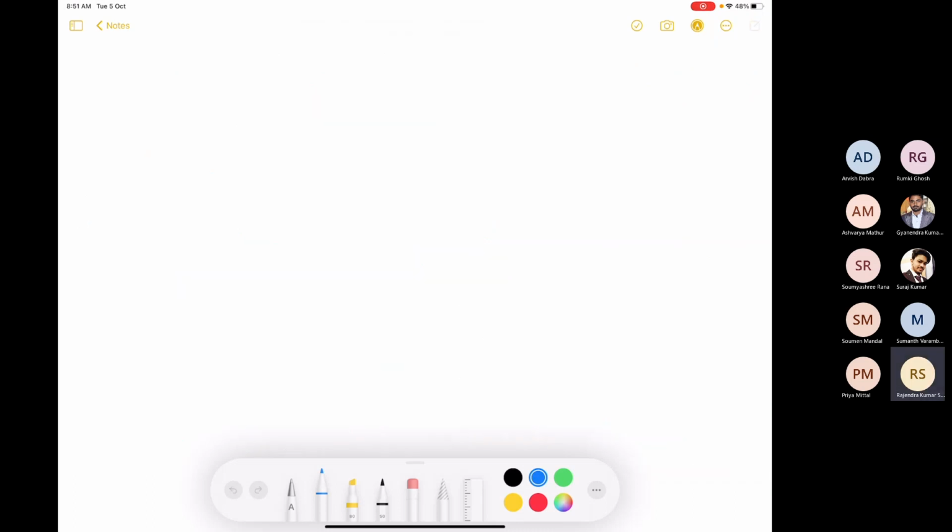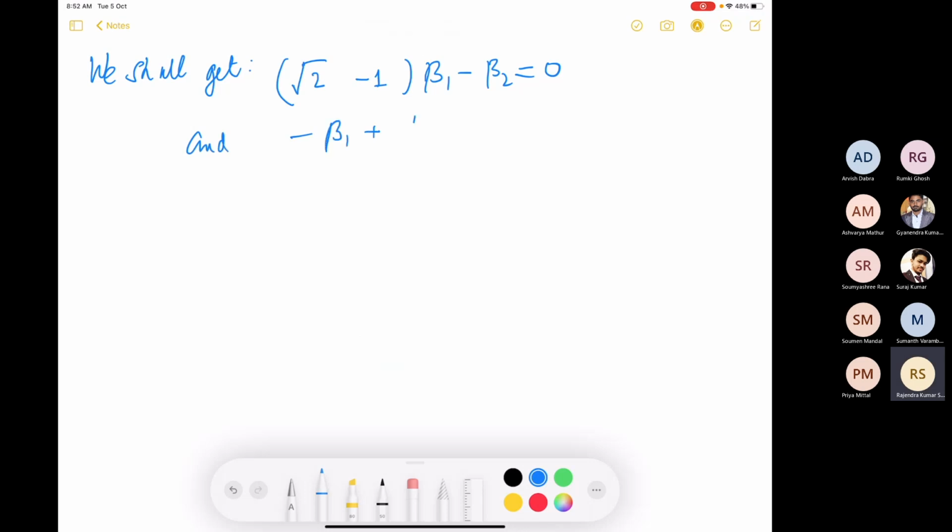So what we get is root 2 minus 1 beta 1 minus beta 2 is 0 and minus beta 1 plus root 2 plus 1 beta 2 is also 0. Good.